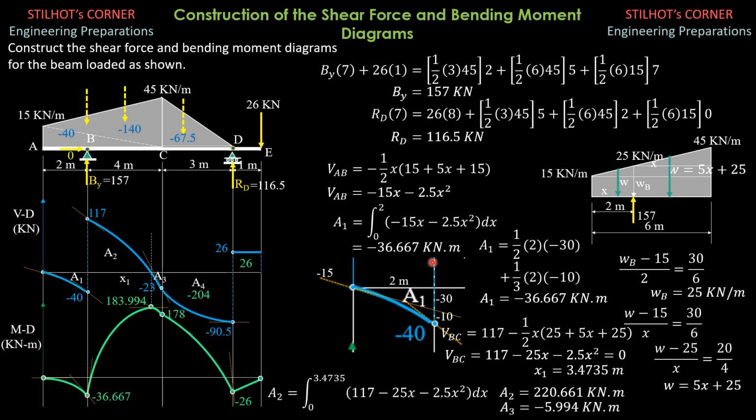Another way of computing that area, remember the tangent at this initial point is negative 15. So tangent of theta, this angle, is negative 15 and it is opposite divided by 2. So therefore the opposite is negative 15 times 2, so that's why you have negative 30 here. Since the entire ordinate is negative 40, the distance from the tangent here to negative 40 is negative 10.